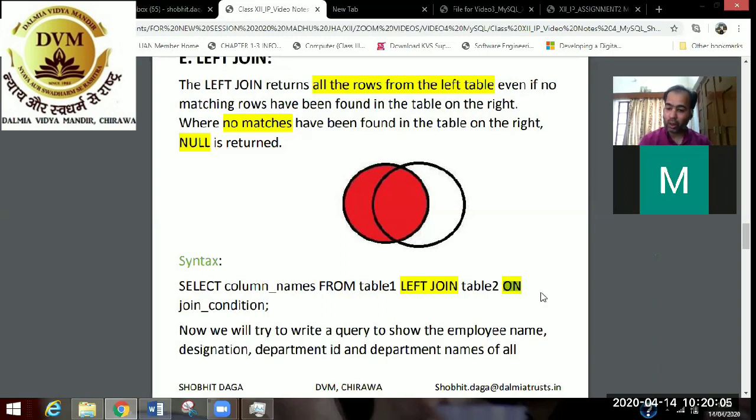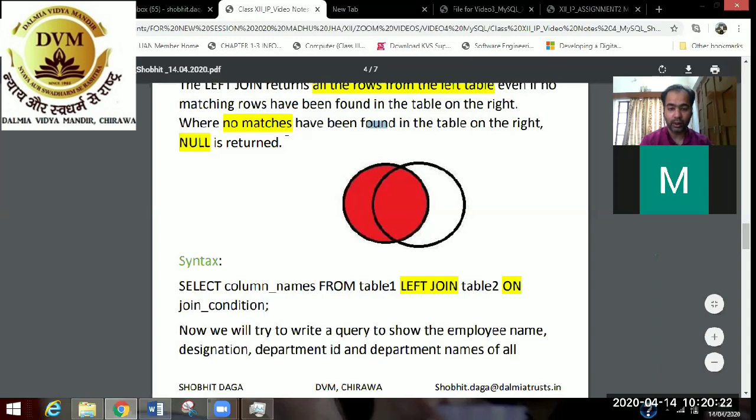And what will happen to the columns of the right table? If there are any columns of the right table present in the select query which do not have an equal mapping condition, they will show null in the answer. This has already been mentioned over here in your definition.